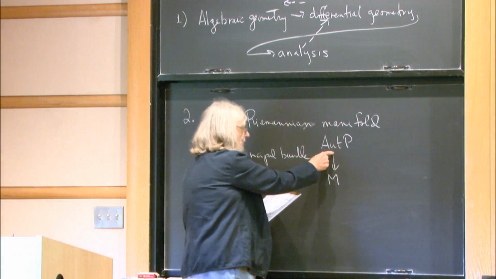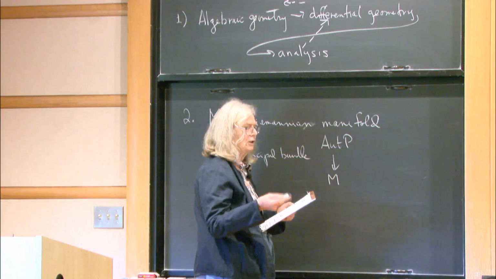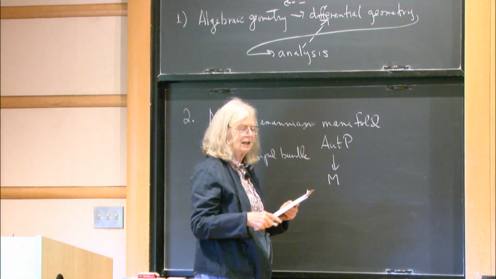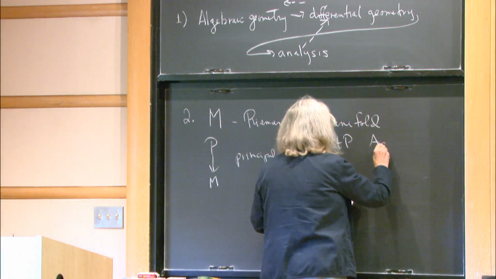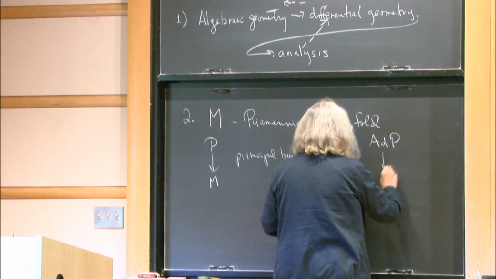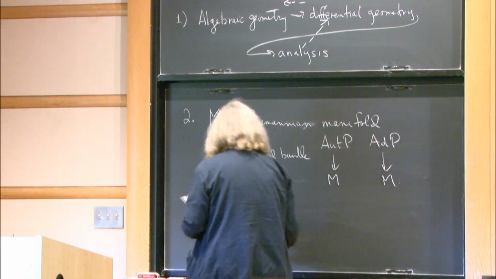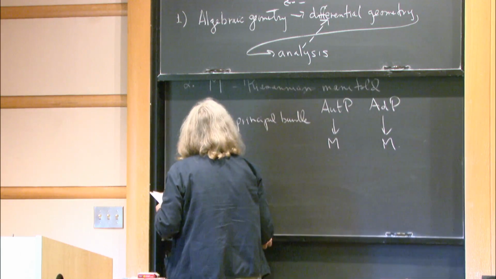Here the fiber is the group G with multiplication with a conjugation. And then ad P is the symmetry group.